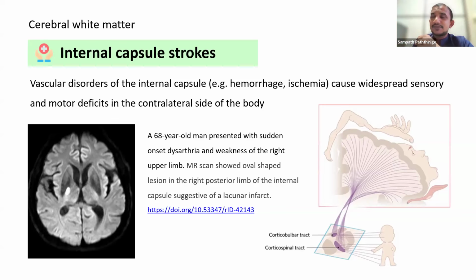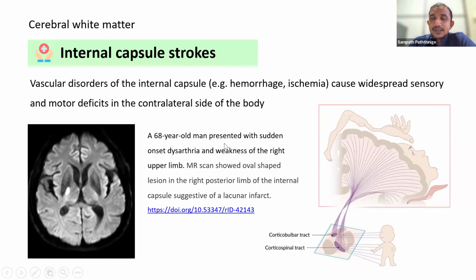So internal capsule damage can cause very widespread neurological injuries, both motor and sensory. So the knowledge about the structure and the contents of the different parts of the internal capsule becomes important, depending on the area affected. For example, you see here, this patient has an infarct of the posterior limb of the internal capsule.